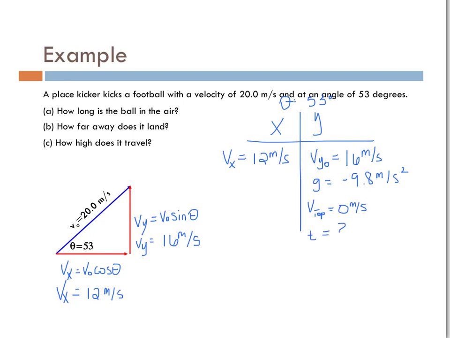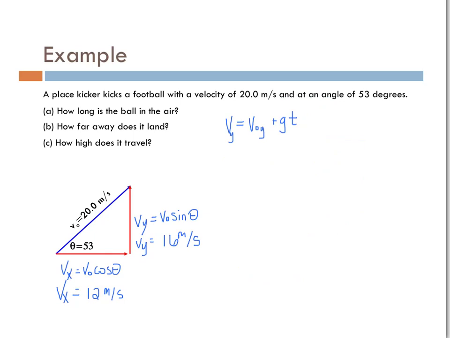So clearly, we're going to need to use the information in the y direction because it's the one we have the most information for. So, out of our kinematic equations, I think v equals v naught plus gt is going to be the most useful. And again, we're using it in the y direction, so I can go back and add y's.